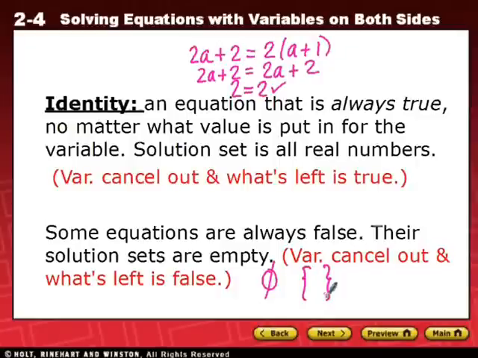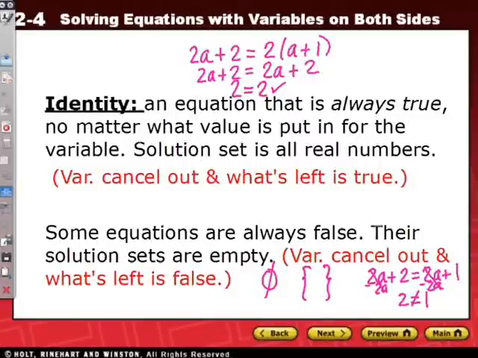So instead of the one we had previously, if we had 2a plus 2 equals 2a plus 1, the a's would all drop out when I tried to subtract them. But 2 does not equal 1. So that problem has no solutions. It's a very frustrating thing when you solve an equation and there's no solutions, but it does happen sometimes.